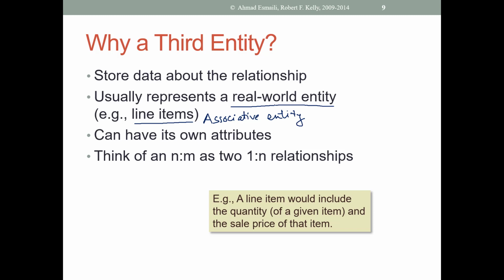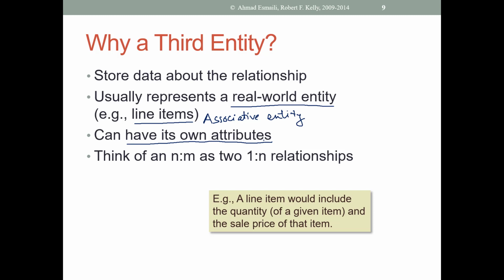Okay, and what will happen for this associative entity? This associative entity is so important that it will have its own attributes, right? It has its own attributes, so it's better that we should make one associative entity.